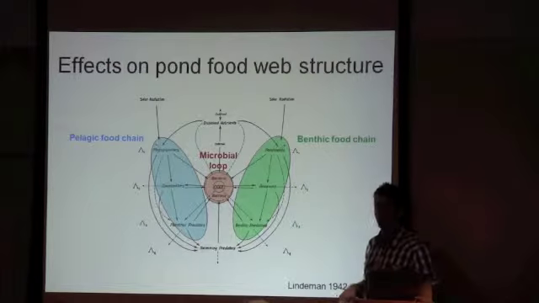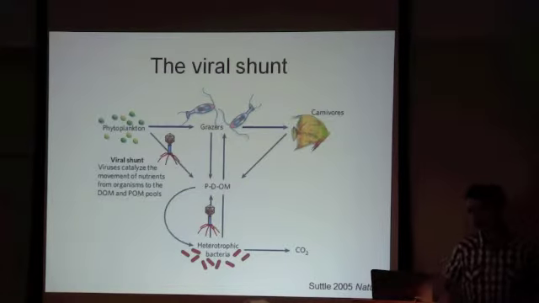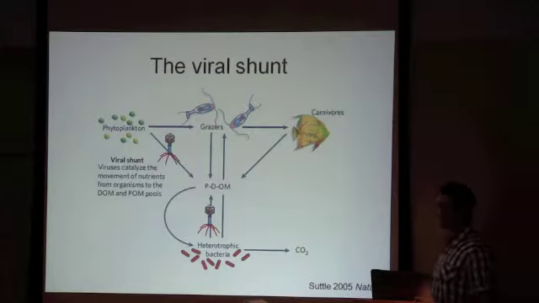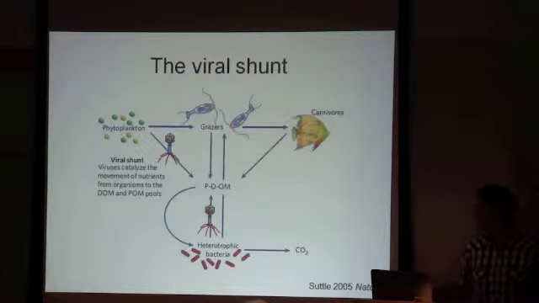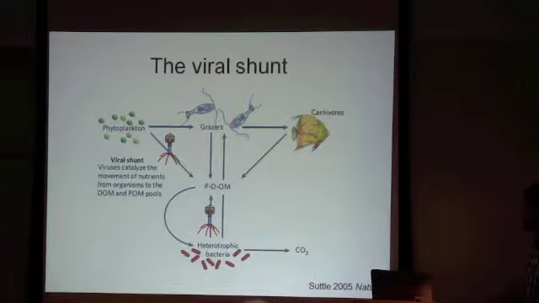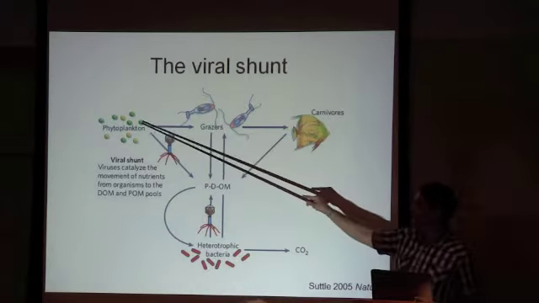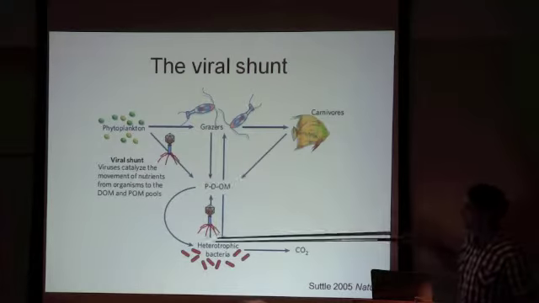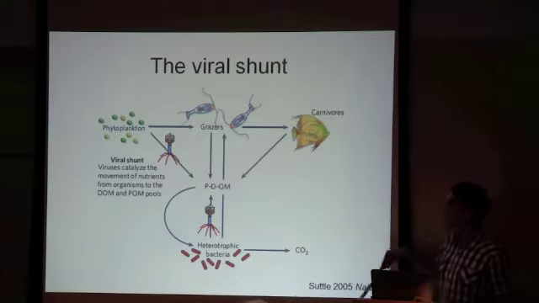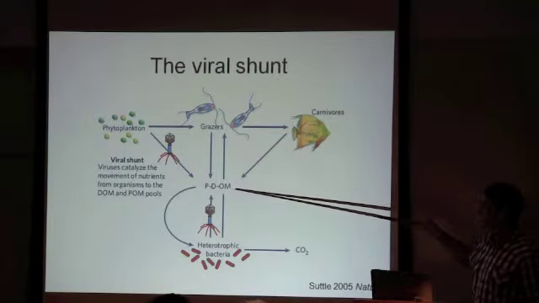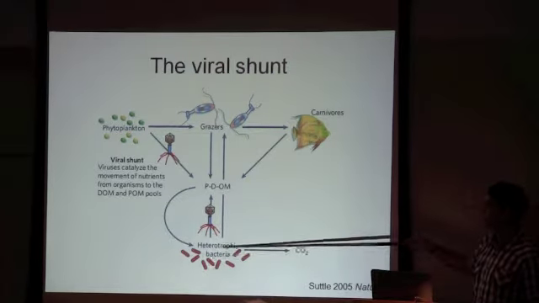And there's one other group of organisms that Lindemann didn't know about or didn't appreciate their role, and that is the viruses. So we have the microbial loop, but we also have something called the viral shunt. And you can think of viruses as competing with grazers for phytoplankton. So a lot of viruses attack either bacteria or phytoplankton. They lyse phytoplankton cells and release dissolved organic matter, which can fuel heterotrophic bacteria.